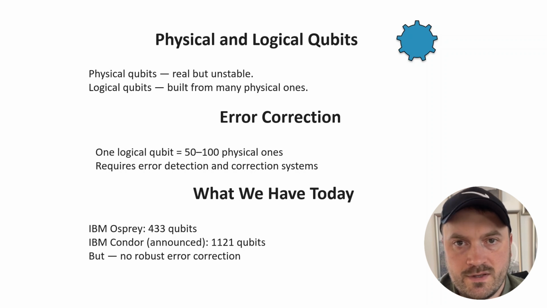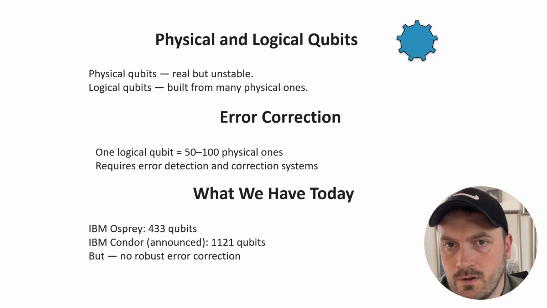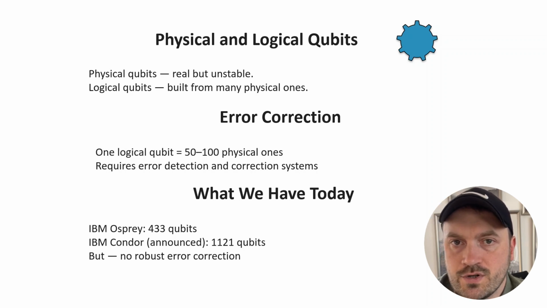To deal with this, the concept of logical qubits was developed. Now, let's talk about what a logical qubit actually is. A logical qubit is an ideal qubit built from a group of physical qubits.